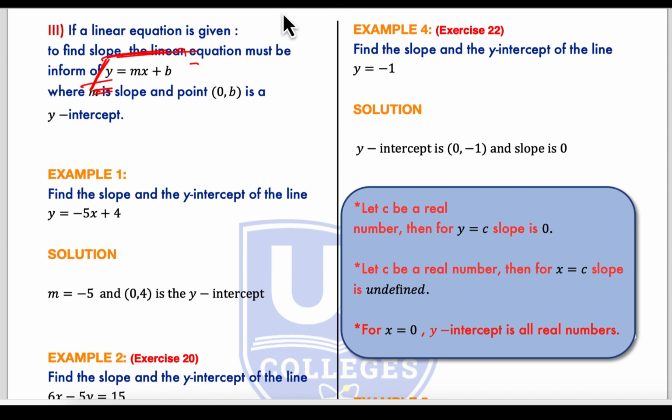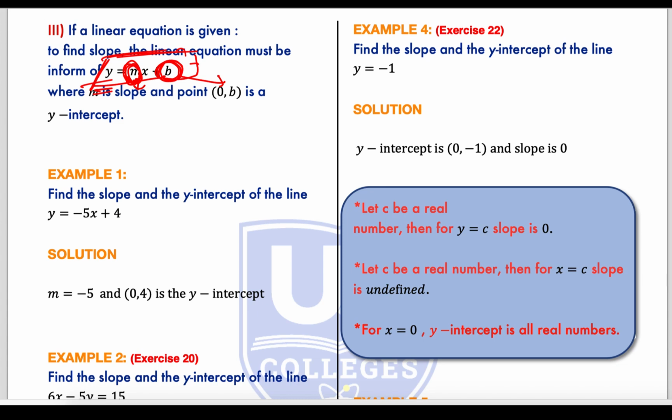If your equation is written in that form, the coefficient of x will give you the slope, and the number added or subtracted will give you the y-intercept.